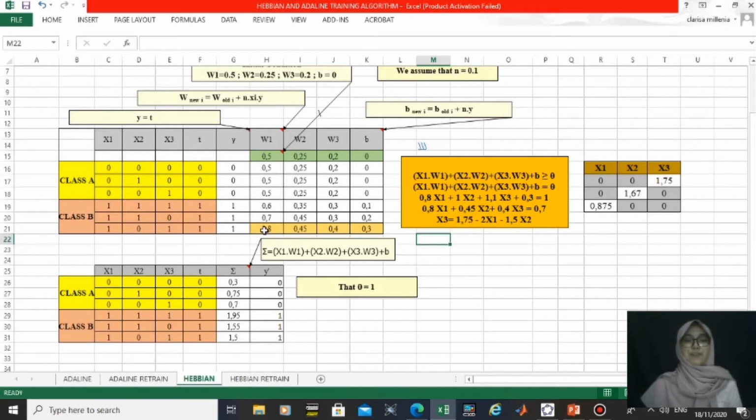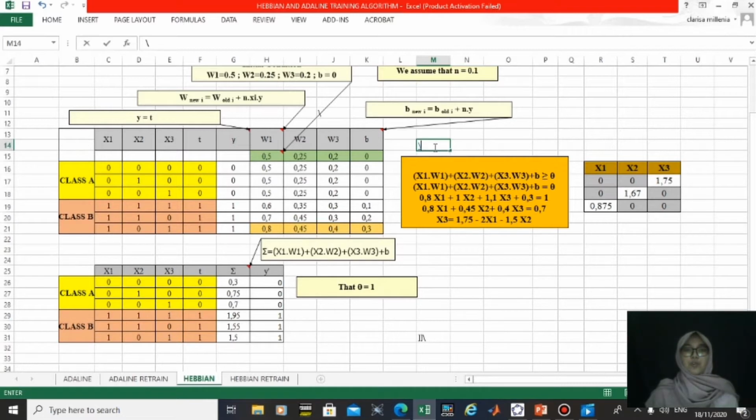So if we have to get this value, we have to know the equation of this value. If we want to know the equation, we can use this formula.